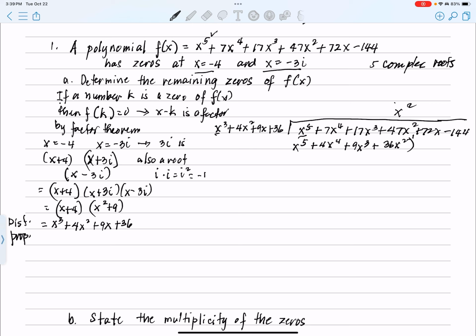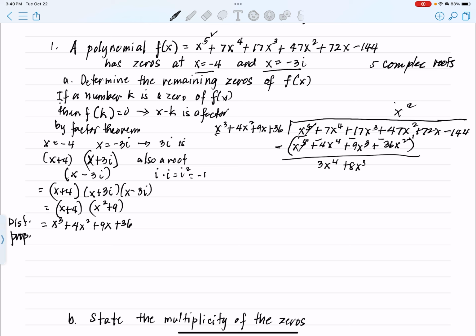So what are we going to do? We have to subtract in order to cancel out, and change the sign of everything inside. So x to the fifth and x to the fifth cancel. 7 minus 4 is 3x to the fourth. 17 minus 9 is 8x cubed.